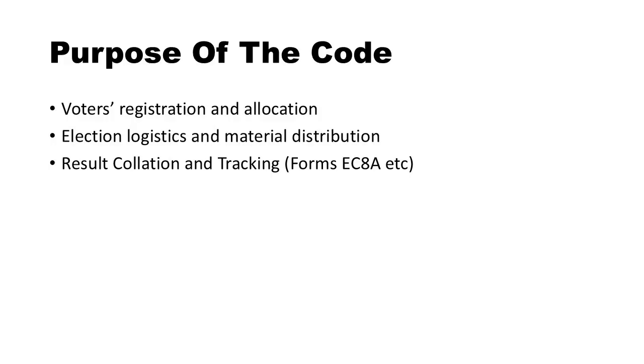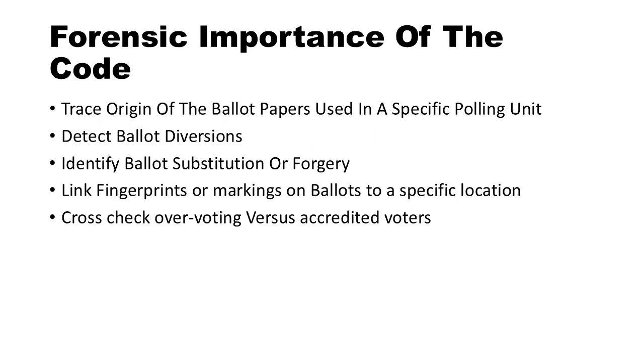But what is the forensic importance of the code? Firstly, it can be used to trace the origin of the ballot paper used in a specific polling unit. It can be used to detect ballot diversions. That is, if you suspect that there are ballot papers that are coming from another polling unit, you can use the polling unit code to confirm or to refute that theory.